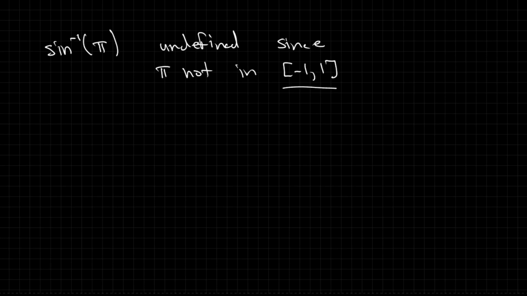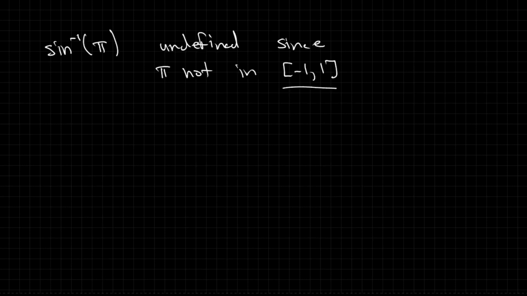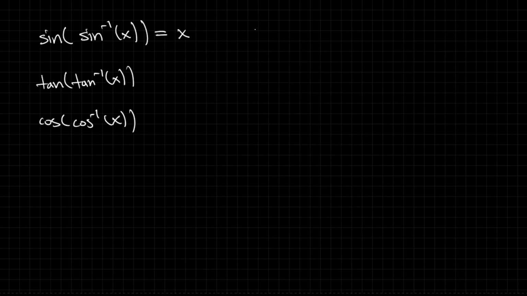Well, we answered that previously. The domain of the sine inverse function is minus 1, 1. So this is going to be true for all x in minus 1, comma 1. So if you do sine of sine inverse of some number between minus 1 and 1, you just copy the number here, and that's your answer.